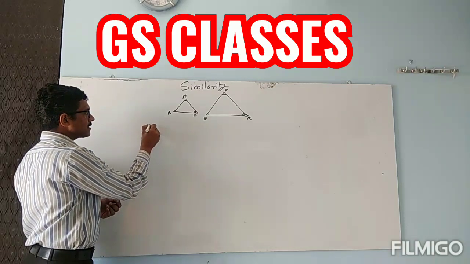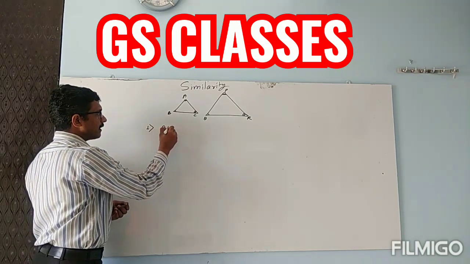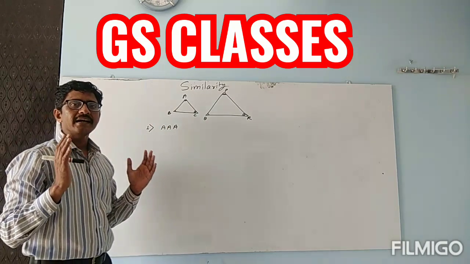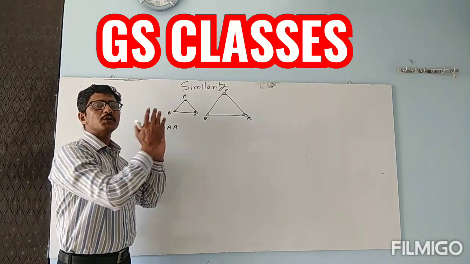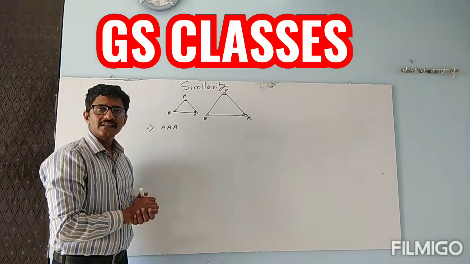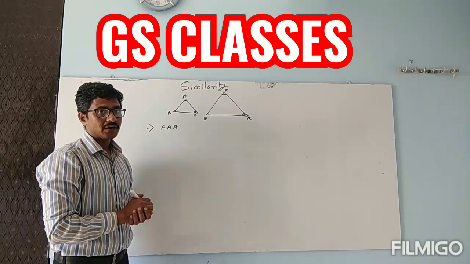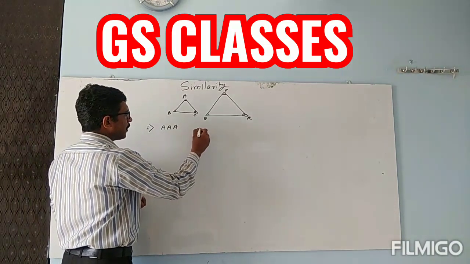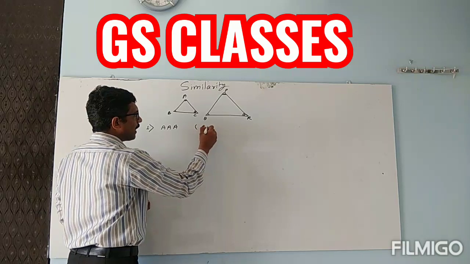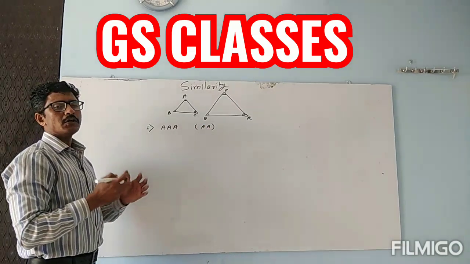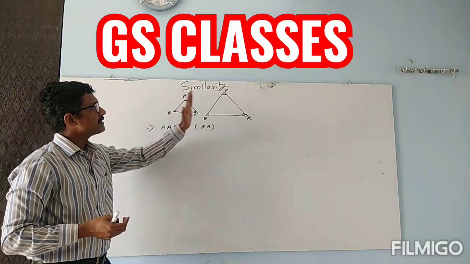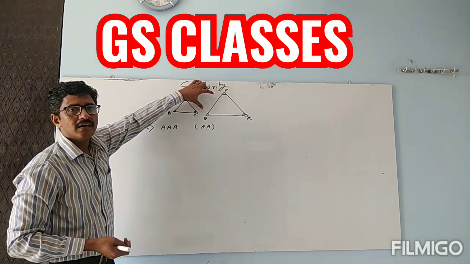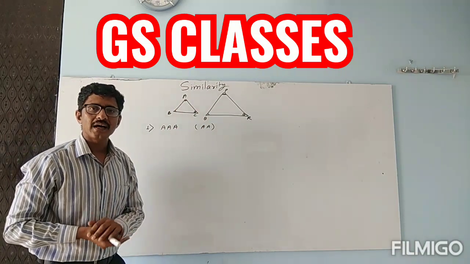So this is the first criteria, AAA, by which we decide whether the given two triangles are similar or not. Now, practically, even if only two angles are equal, then also you can declare that two triangles are similar. Because if two angles are equal, then definitely the third one is going to be the same.